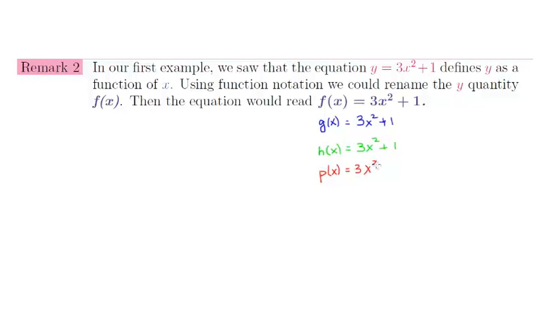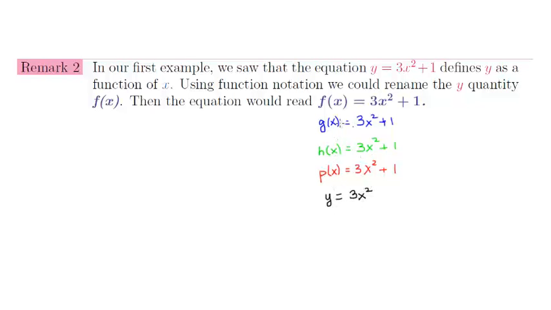The possibilities are endless. In these equations, the expressions f of x, g of x, h of x, and p of x are all representing the outputs of the function. They are simply replacing our letter y. And y is dependent on the input, x.